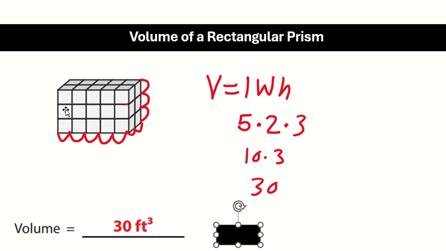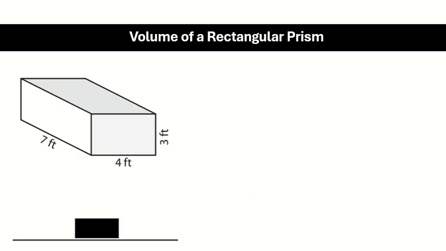Now that's going to work on pretty much any rectangular prism that you encounter, even if it doesn't have those fancy cubes that you can count up, because you can still see that we have a length of 7, that we have a width of 4, and we have a height of 3.